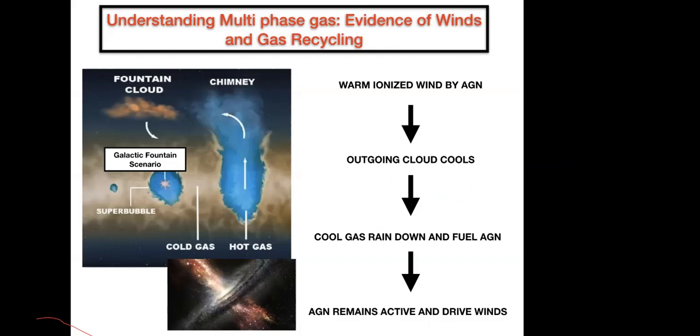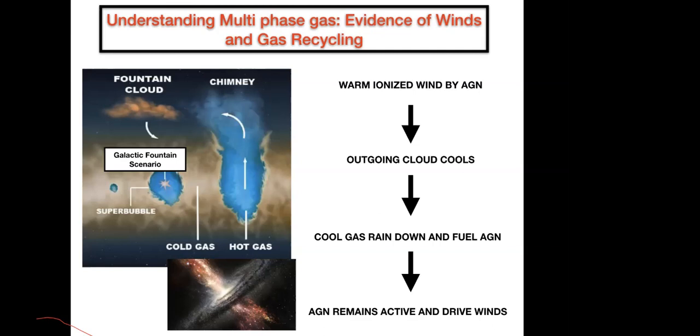We have proved that these galaxies have a radio mode AGN in the center. This AGN is driving away hot, warm ionized wind, which is outflowing, going upward. But these outgoing clouds cannot escape the galaxy. They just float around for a while, and then they eventually cool down.